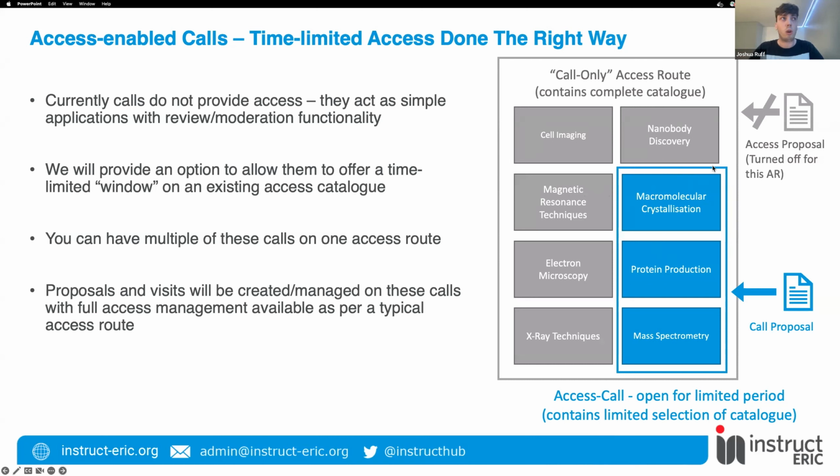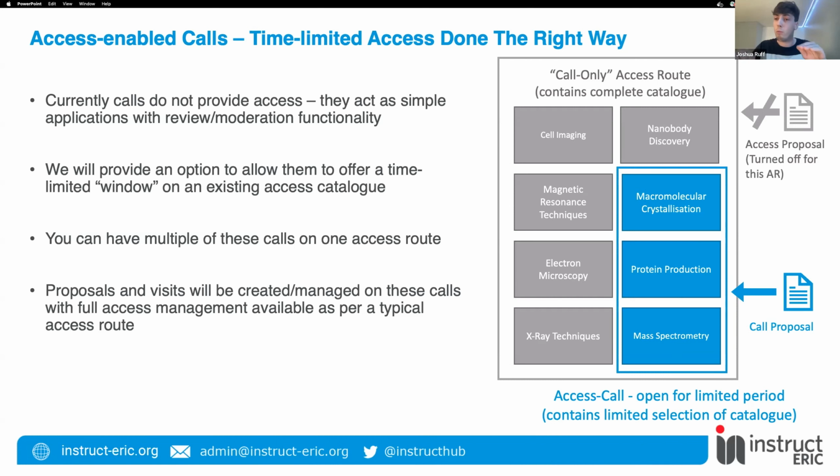So you can have as many access calls as you want. You can set them up from the same access route. For instance, you could have these three categories highlighted in the proof of concept here in one access call. And then you could have, I don't know, nanobody discovery, cell imaging, protein production in another access call for whichever reason.